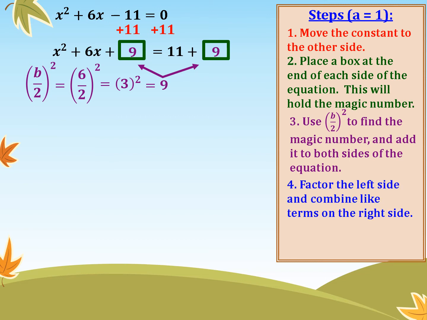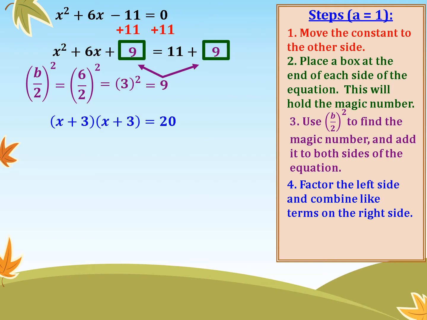Now we are going to factor the left side, because now we've turned it into something that can be factored. So we're going to factor the left side and combine like terms on the right side. I need two numbers that multiply to make 9 that also add to make 6. 3 and 3. So that's going to be x plus 3 times x plus 3, and then 11 plus 9 is 20.